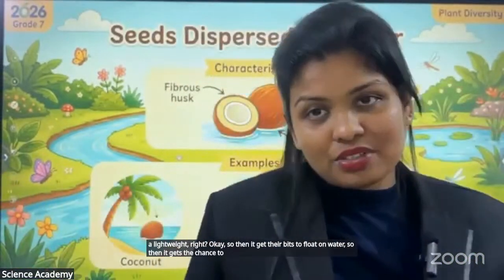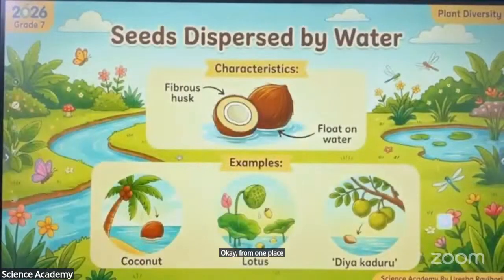Children, because of that, the seed gets a light weight. Then it gets the ability to float on water. So then it gets the chance to transfer from one place to another place.